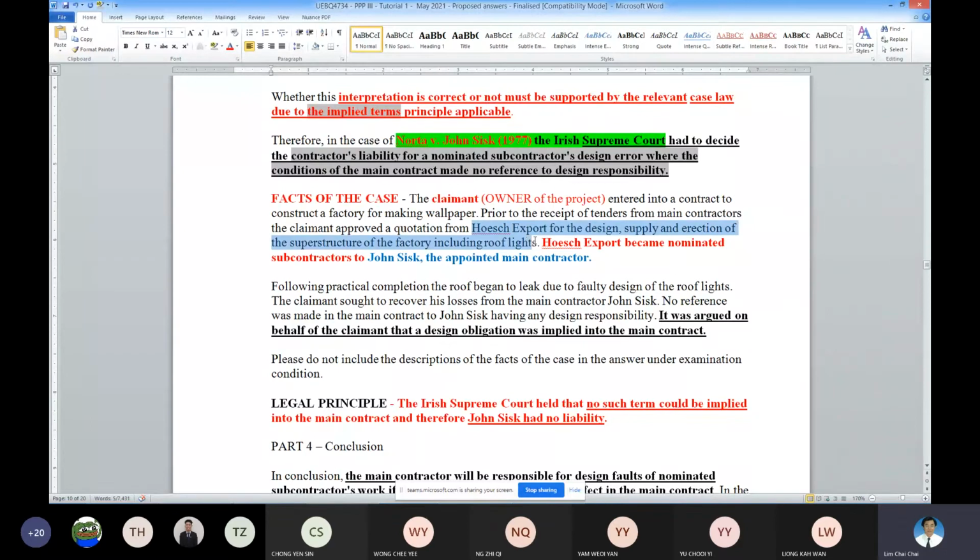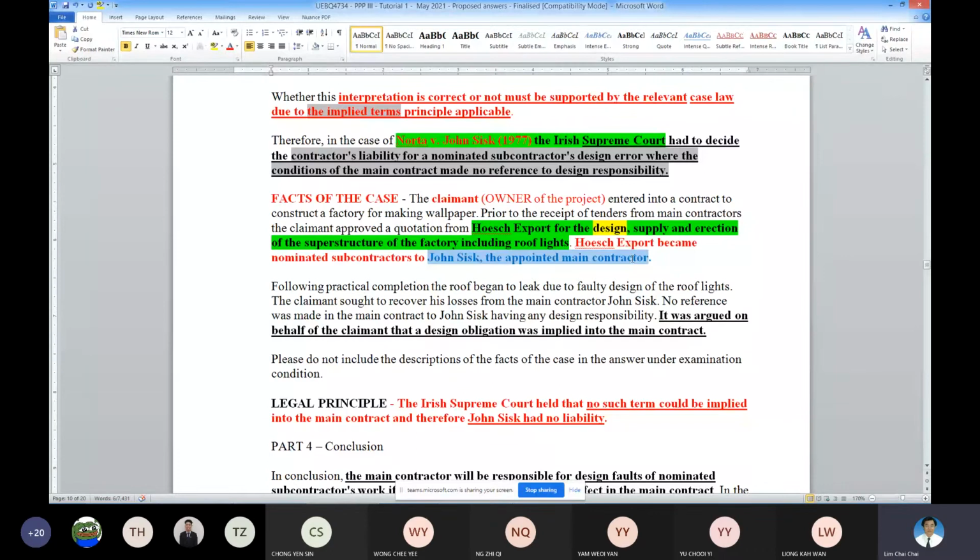Design, part of the contract. Okay, so this is what the NSA is supposed to do, to construct the superstructure of the factory, including the roof light, and to carry out the design. Okay, so it shows that Horse Export becomes the nominated subcontractor to the main contractor. This is the main contractor. Okay, so this is the facts of the case.